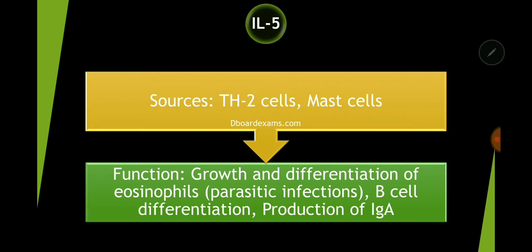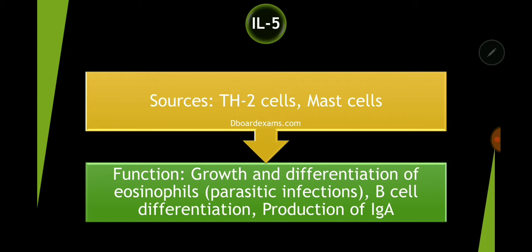Interleukin 5: the source is T helper cells and mast cells. The function of interleukin 5 is to help the growth and differentiation of eosinophils, and eosinophils are key immune cells for parasitic infections. So if there's a parasitic infection, you're going to see eosinophils rise, and you're also going to see interleukin 5 increase in the blood.